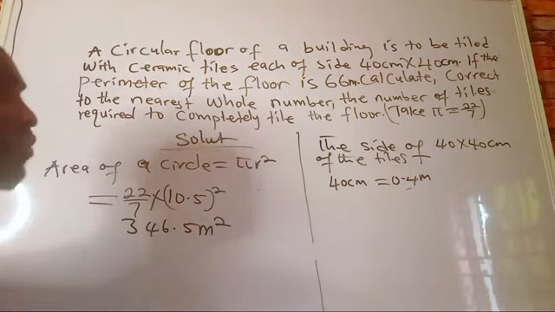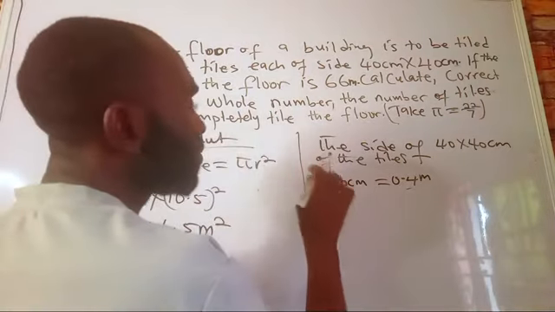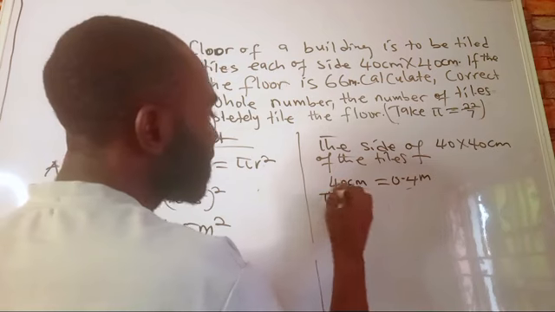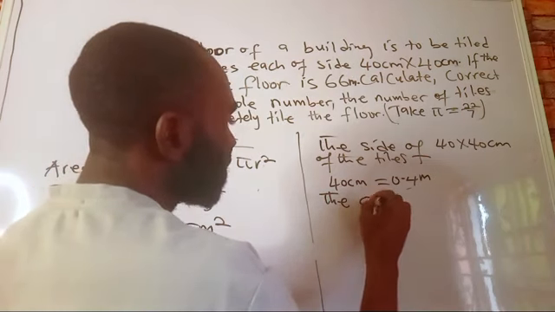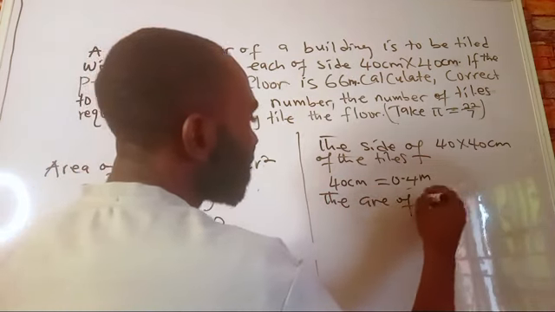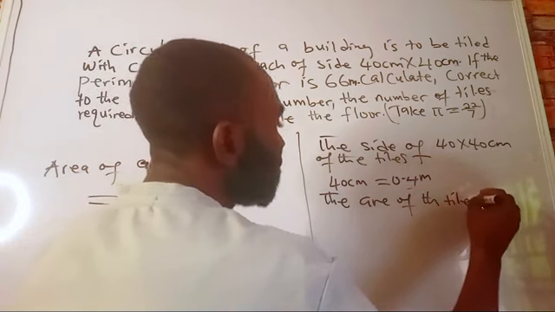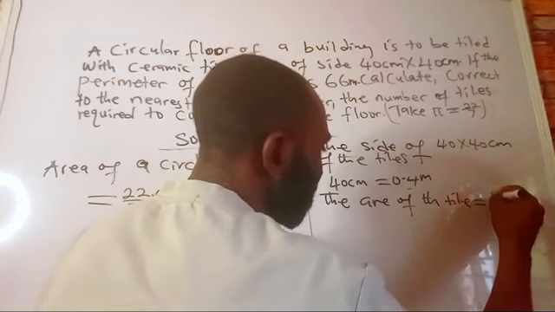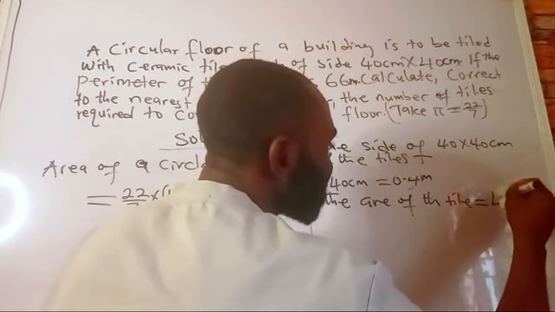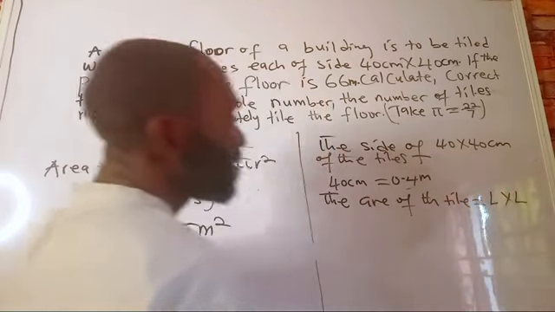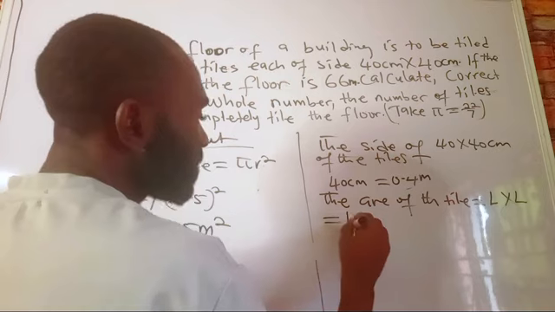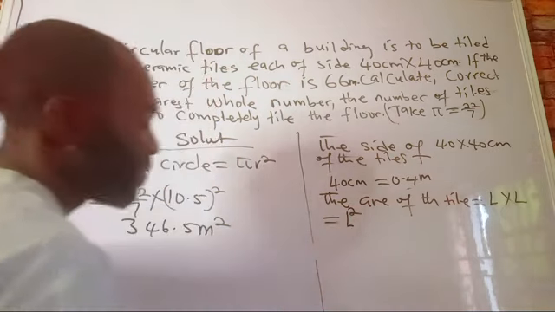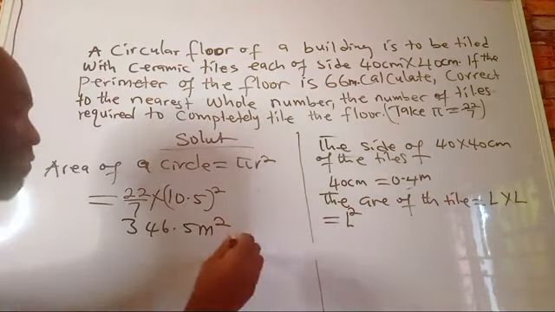Now, for you to know the area of the tile, it would be equal to length times length, that will give you length squared, right?